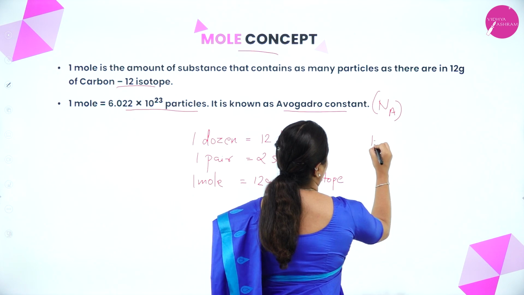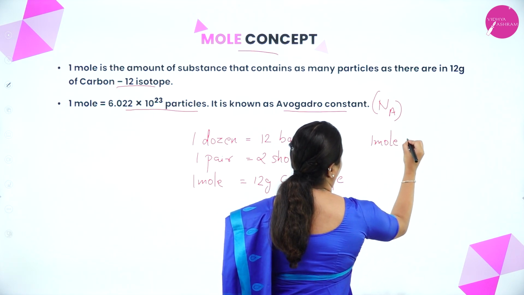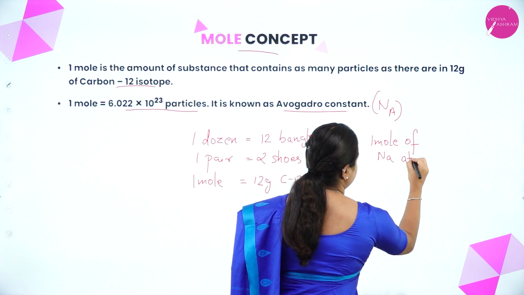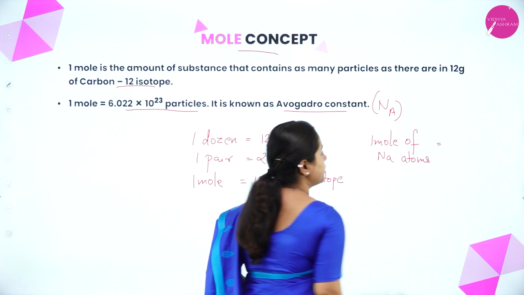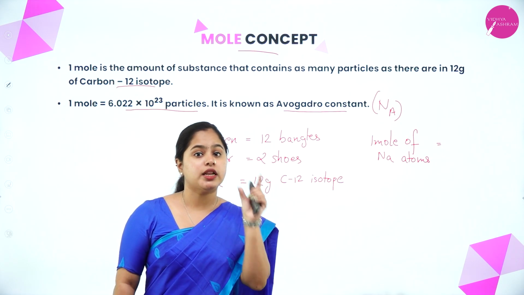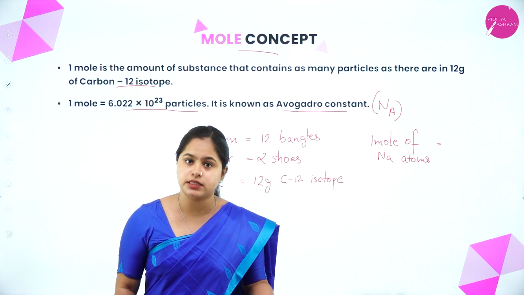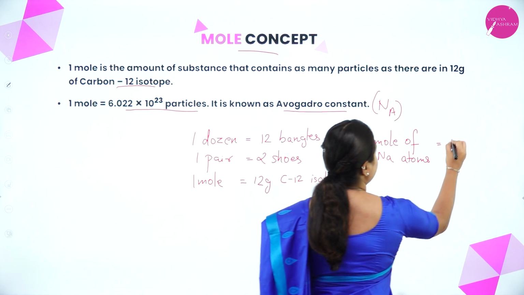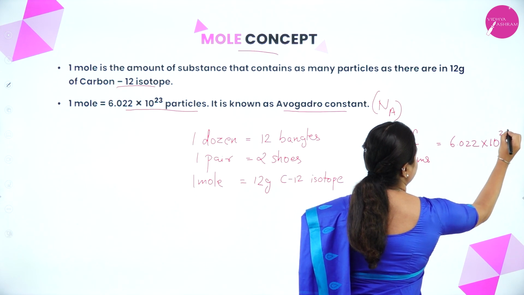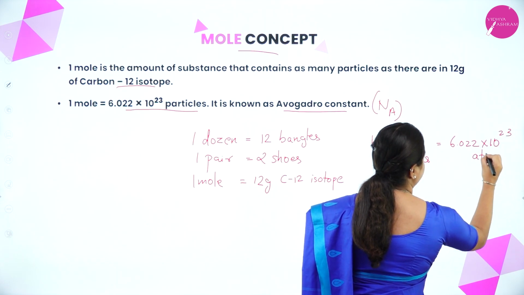So what does this exactly mean? Let's say 1 mole of sodium atoms. How many atoms are present? It will be 6.022 into 10 to the power 23 atoms.